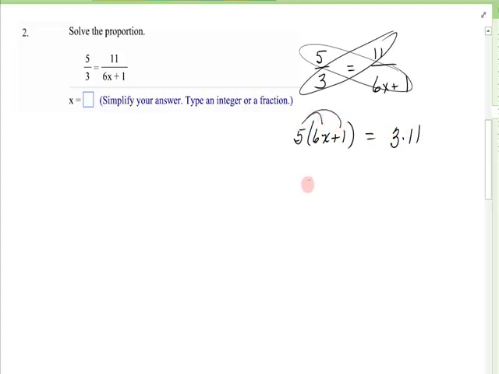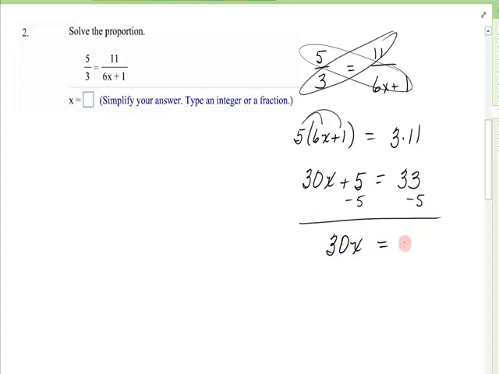Distributive property on the left. 5 times 6x is 30x, and 5 times 1 is 5. 3 times 11 is 33. I'm going to subtract 5 from both sides, and I have 30x is equal to, if I subtract over here, I get 28. I'm going to divide by 30.